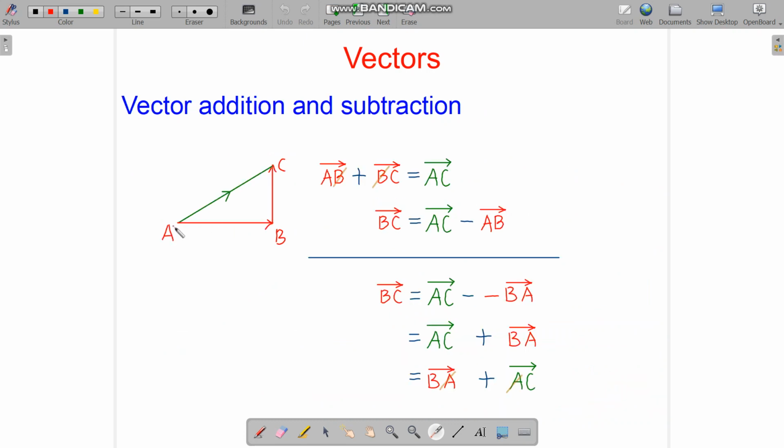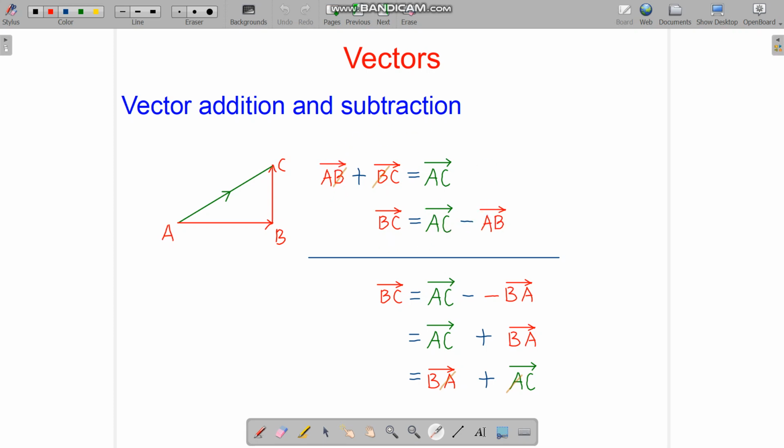Now we have vectors forming a triangle. AB plus BC: you go from A to B and then you go from B to C. Of course, the shortcut is from A to C. So this makes sense. If you have the same letter in the middle, it's an addition, and you can cancel out the same letter, you get AC. And of course, if you move this AB to the right, it's a subtraction.